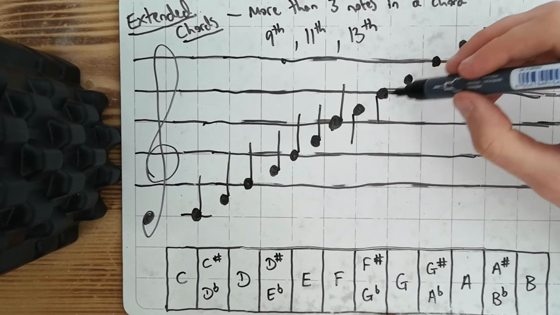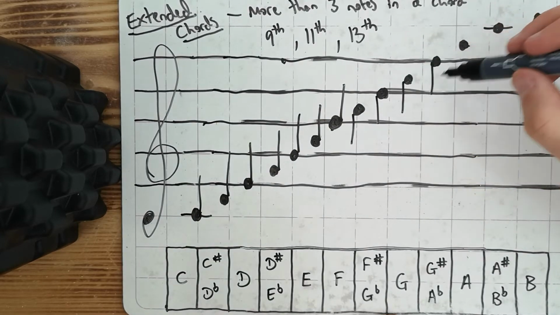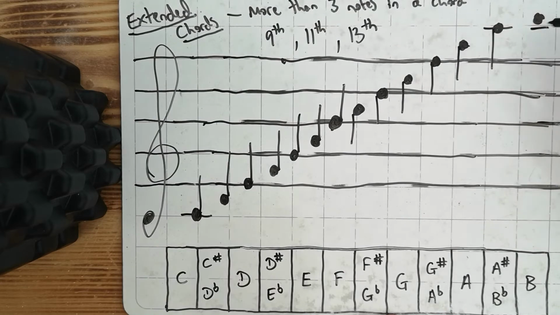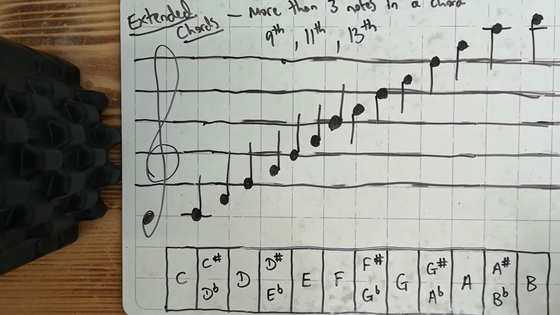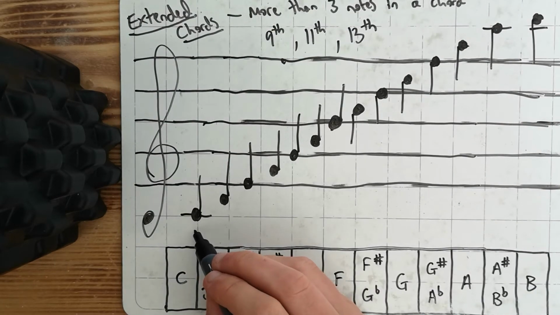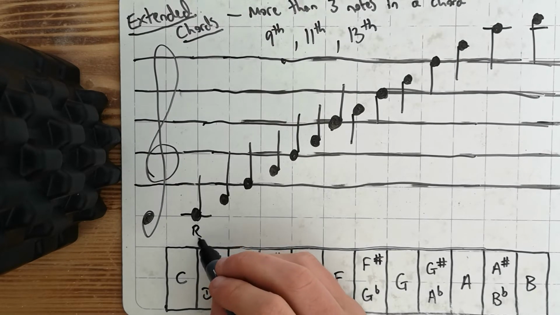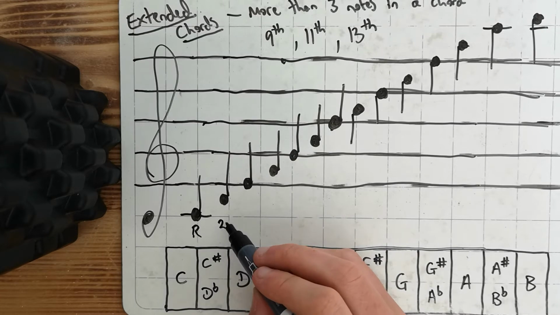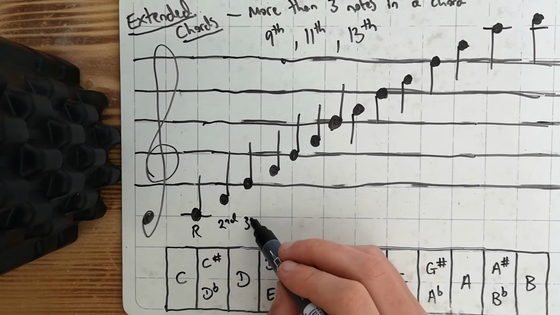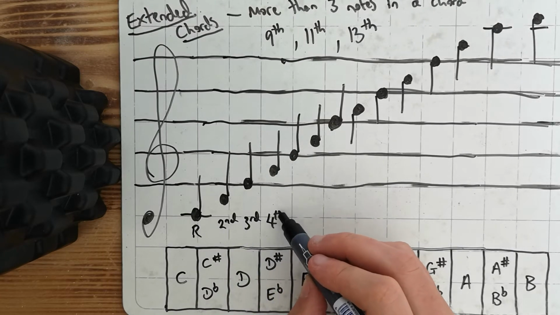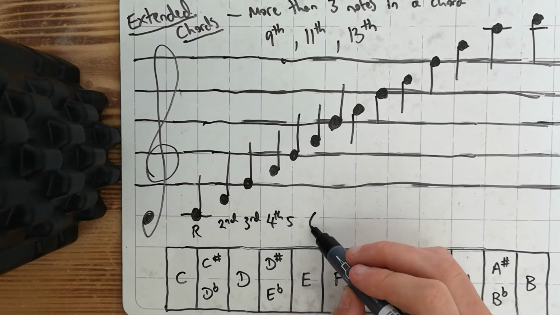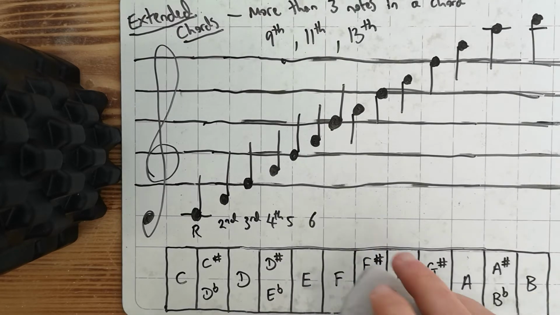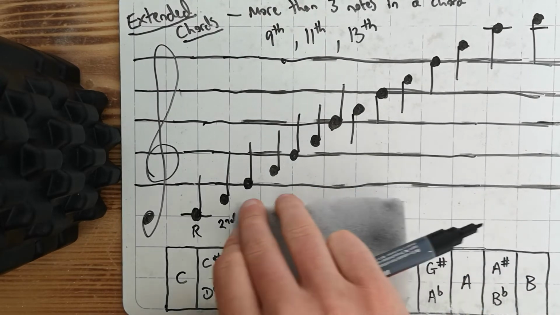Fingers up again, D, E, F, G, A, B. Now, that's the first note in our scale. This is our root note. I then got my second note, my 3rd, 4th, 5th, 6th. In fact, I'm going to write them close to the actual note because it will make it easier to see.